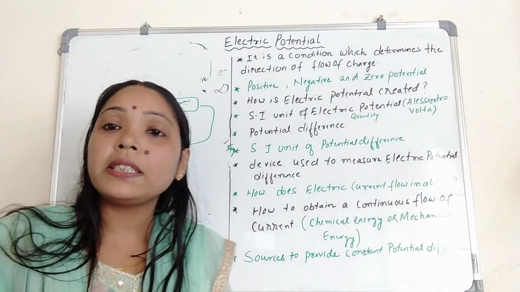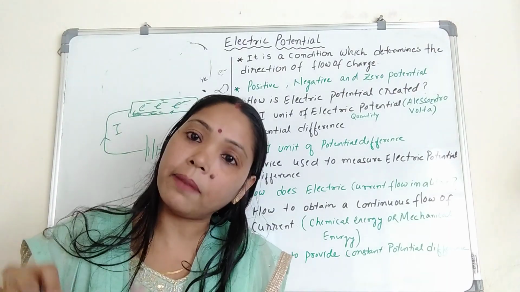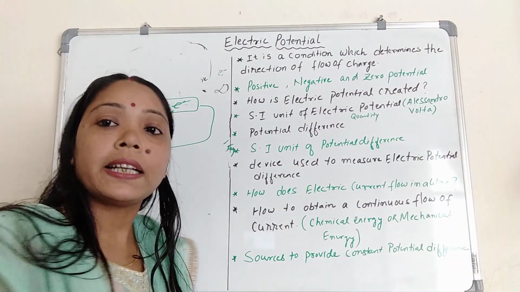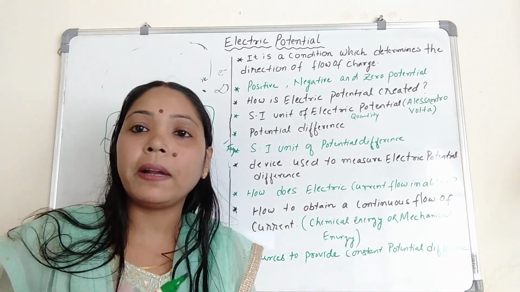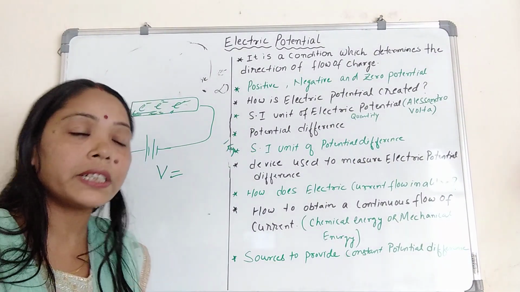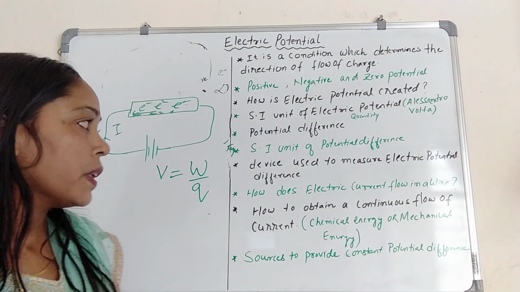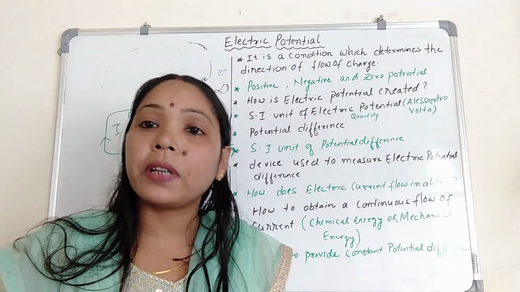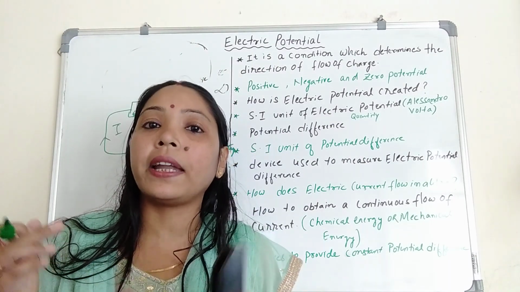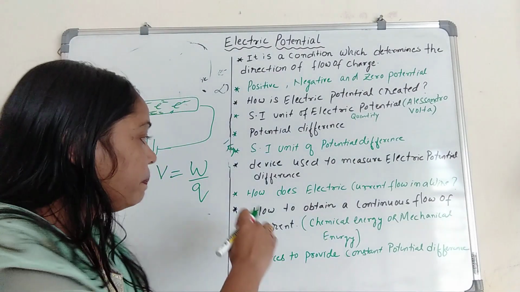Then potential difference is the amount of work done to bring a unit charge from one point to another point. Again, it is a scalar quantity, and the mathematical formula to calculate electric potential or potential difference is the same for both, that is W by Q. The device used to measure electric potential difference is the voltmeter, which is always connected parallel to the conductor.